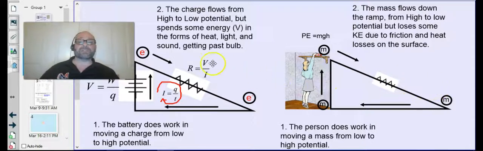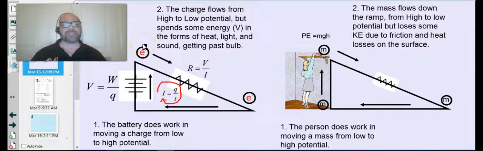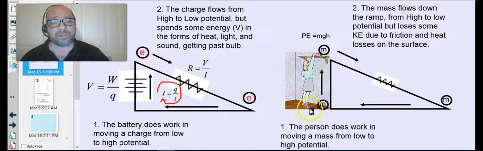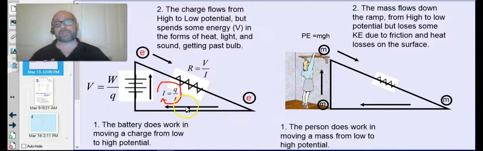Now let's take a look at the analogy. Let's look at the electrical analogy. So if you understand a woman picking up a ball, putting it up on top of the shelf, and it rolls down, it comes back, and she just keeps repeating this process, you should have no trouble understanding how a circuit works.